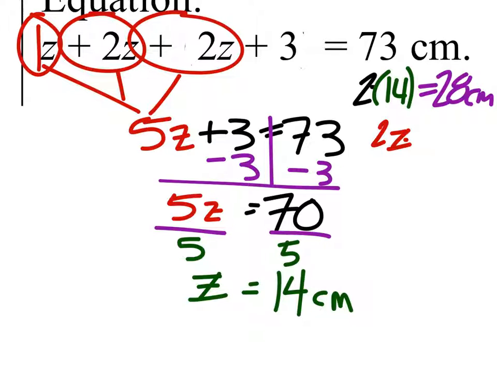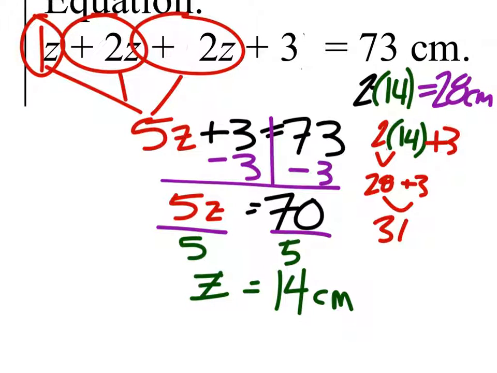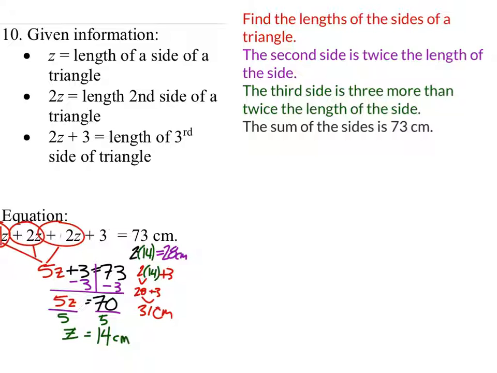But again, we're going to replace z with 14 right there. So 2 times 14 is 28, plus 3, bam, 31 centimeters. So that allows us, there's a centimeters right there.